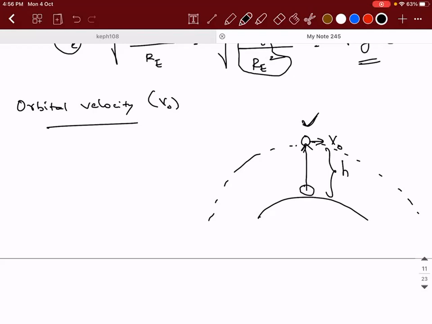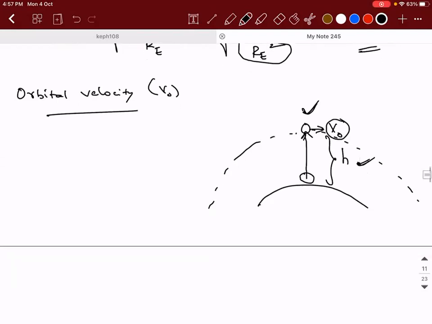So we need certain satellites to revolve around the Earth so that they help us in the communication process. You give some velocity to the object, raise it to a certain height. At that height, you give a horizontal velocity to that object so that they start revolving in a circular orbit, which is what is called orbital velocity.